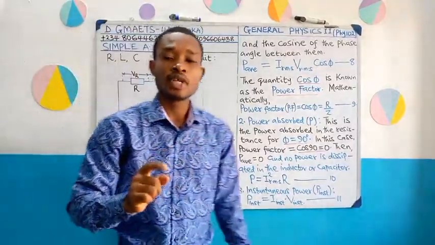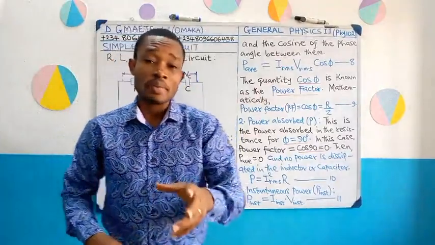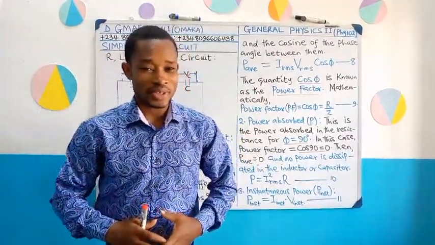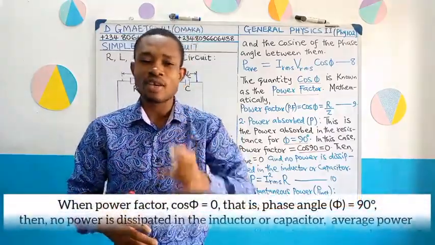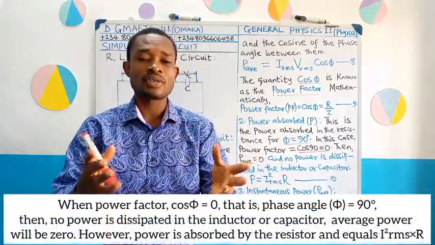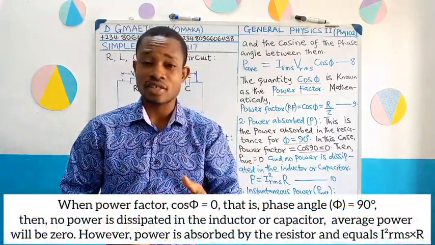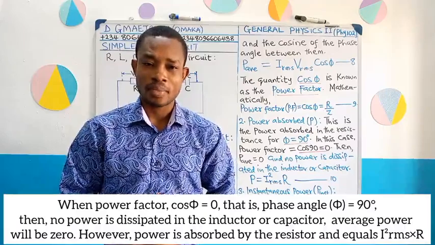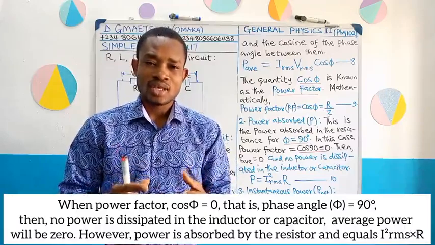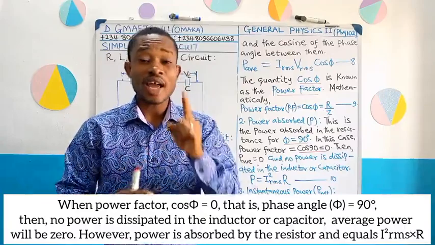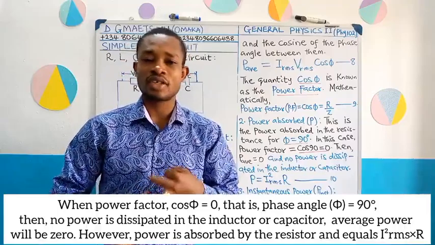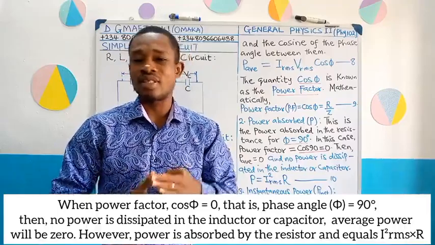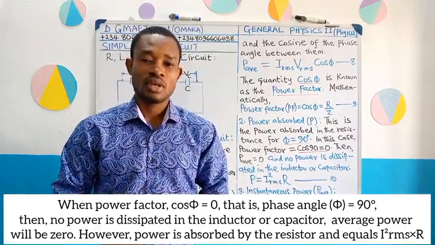You can quickly put this down, what I'm about to say next, because it's not on the board here. When the power factor of a device is equal to 0, of course that happens when phi, the phase angle, is 90 degrees, what does that mean? It simply means that the device is either a purely resistive circuit, a purely inductive circuit, or a purely capacitive circuit.